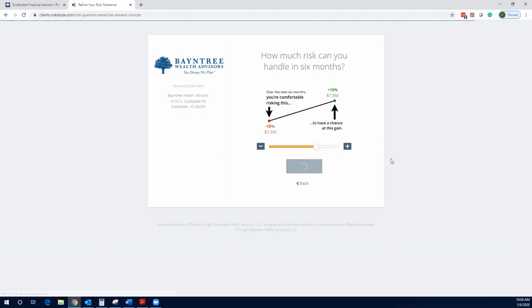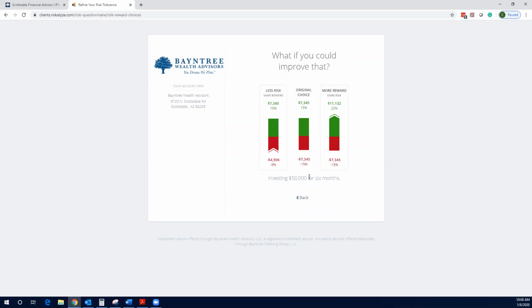So the first question it's going to ask us, okay, we're comfortable risking 15% to make 15%. Now, we can either go with this option here, and you see how the 15% is the same? So the reward is the same, but you see this risk number here from 15%, we dropped it to 9. So a lot of times we get the question, or we get the statement, I want the most return with the least amount of risk.